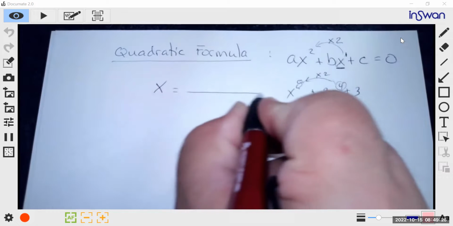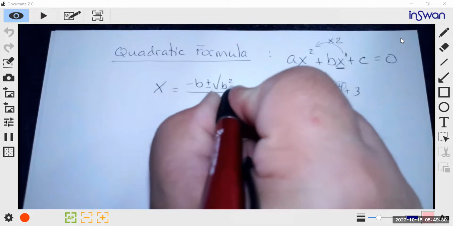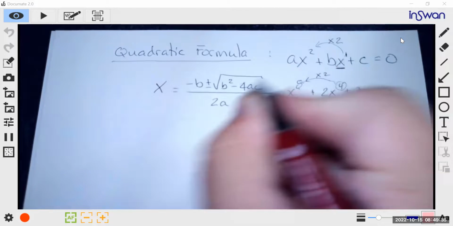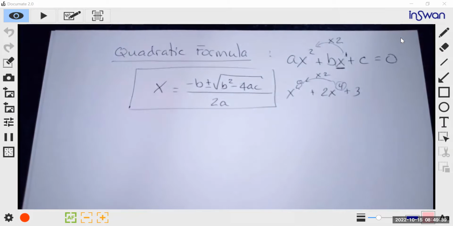Then we can use this formula. This is the quadratic formula. X equals negative b plus or minus the square root of b squared minus 4ac over 2a.